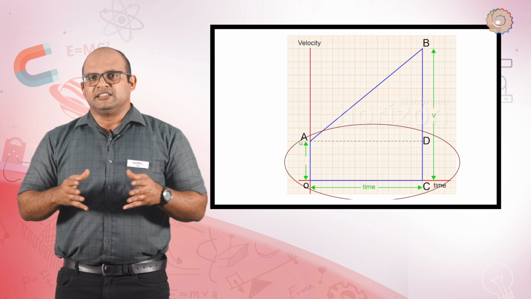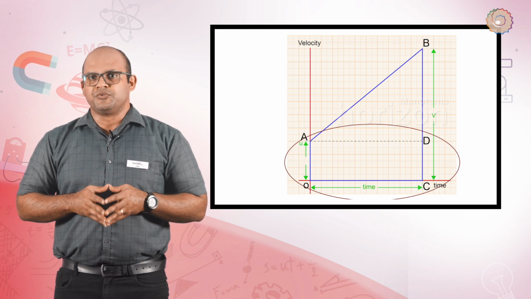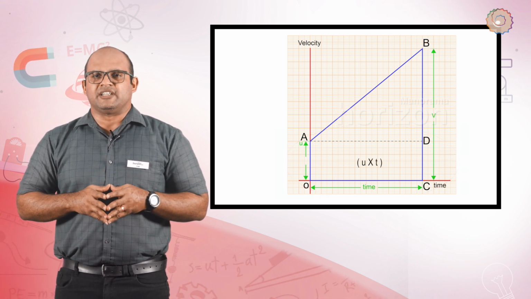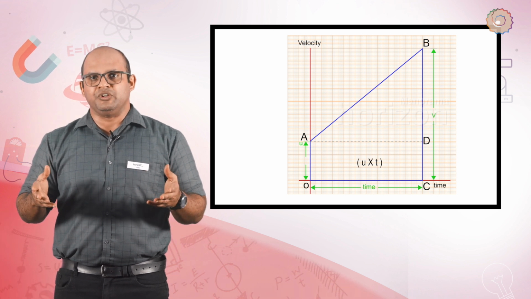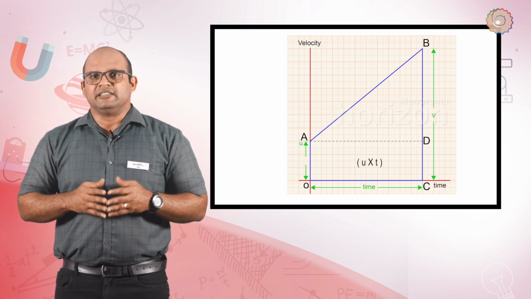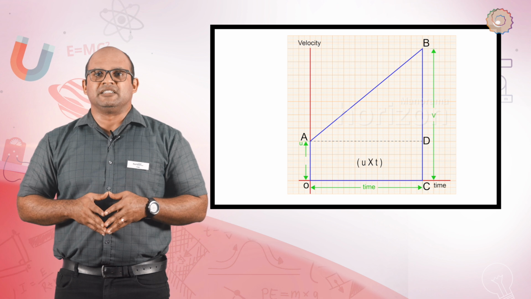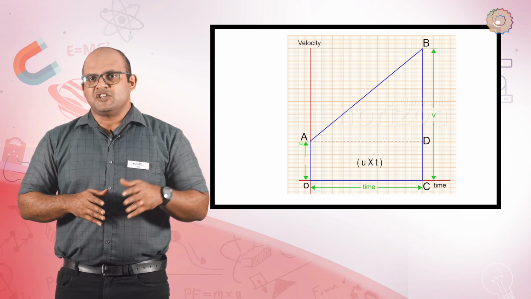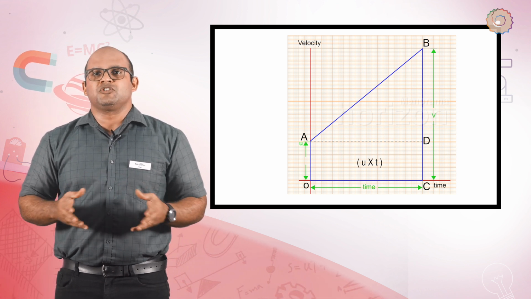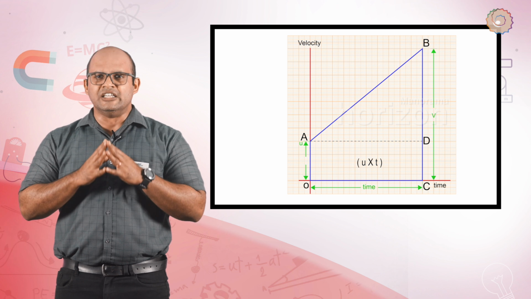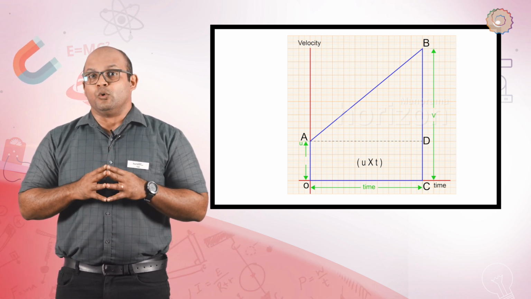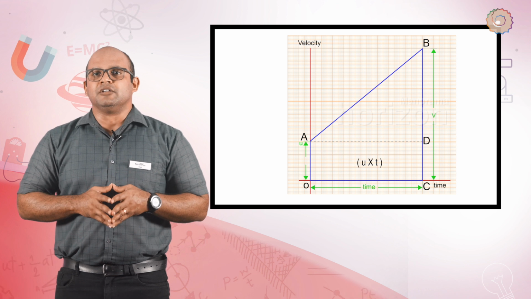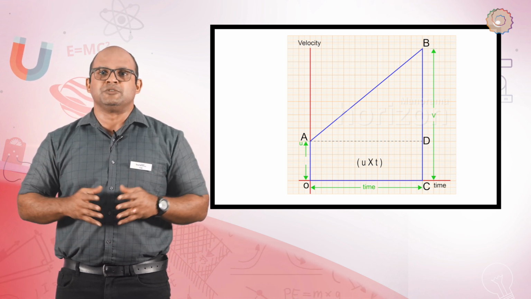Looking at the rectangle at the bottom, we observe that the area of this rectangle corresponds to the length, which is given by the segment OC or AD, multiplied by the height of the rectangle, which is given by the segment AO. As we did previously, AO corresponds to u, that is the initial velocity at the beginning of the measurement, while OC corresponds to the time interval t over which the observation is made.